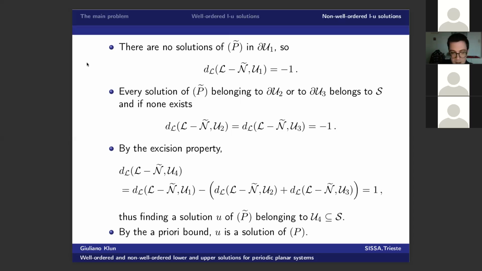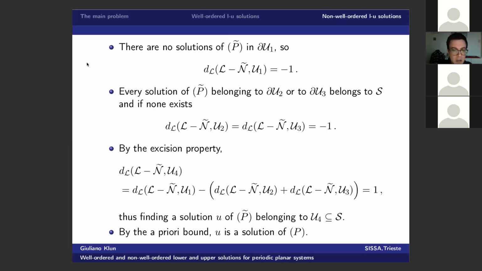The correct explanation is at last. So the degree of the same operator with respect to U1, U2, and U3, if none of these solutions exists, is -1. So by the exclusion property, we can calculate the degree of L minus N tilde on U4.